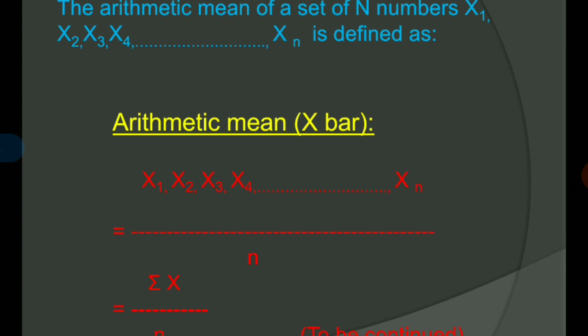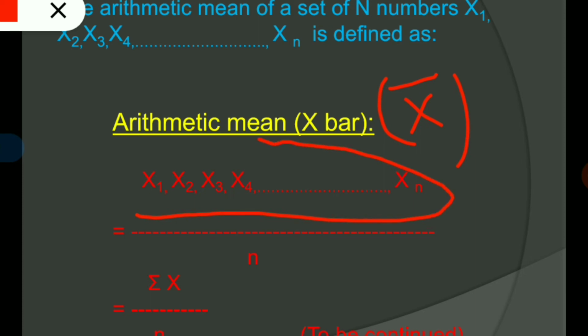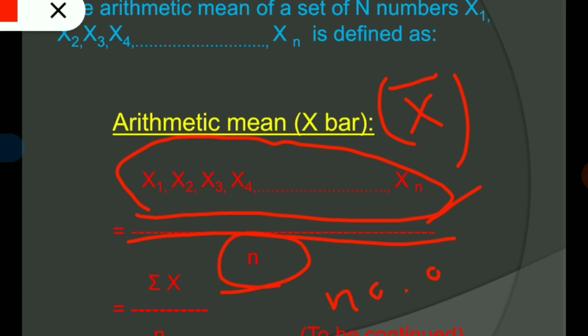Arithmetic mean is denoted by x bar. Clear? This is the series of x variable, the whole series x1, x2, x3, up to xn, which is divided by n. N means number of items. Clear?